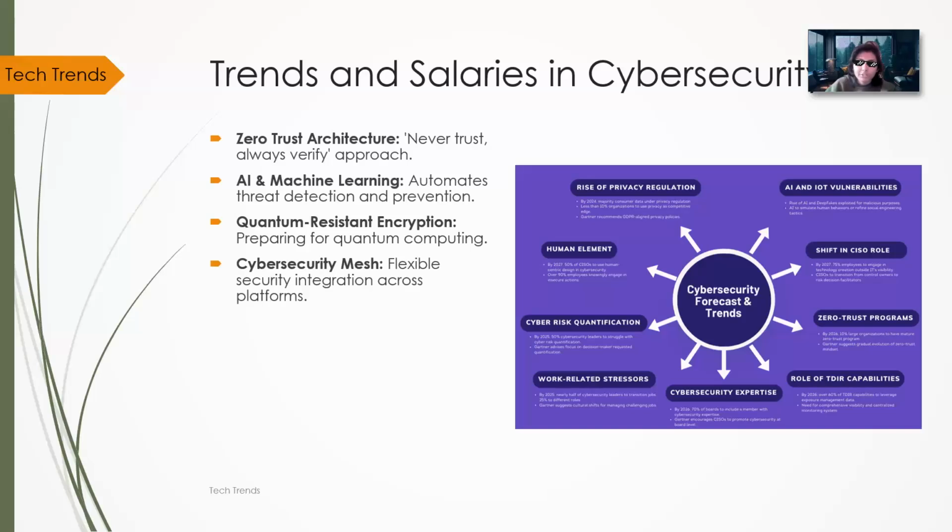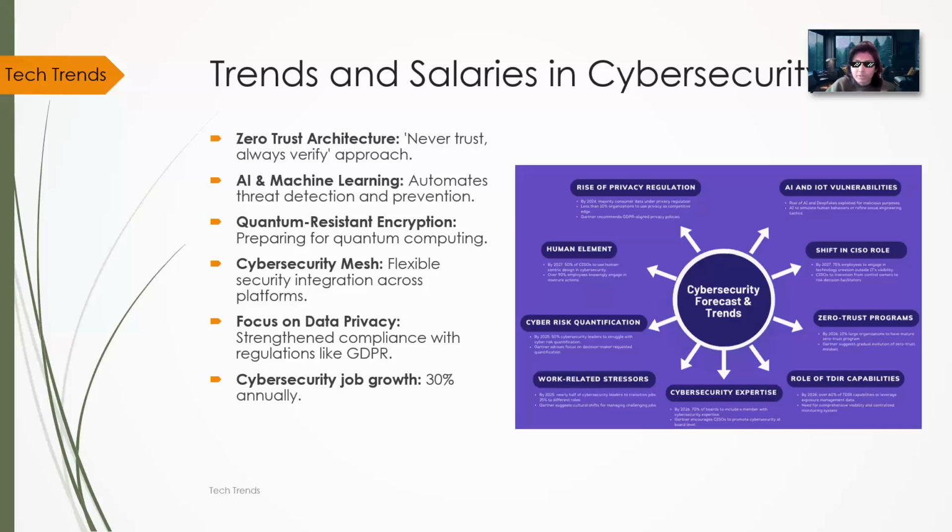Then we have cybersecurity mesh, meaning cross-platform integration connections. Then we have focus on data privacy, same as strengthening compliance with regulations like GDPR, but this privacy changes from either nation to nation, continent to continent, and organization to organization as well.